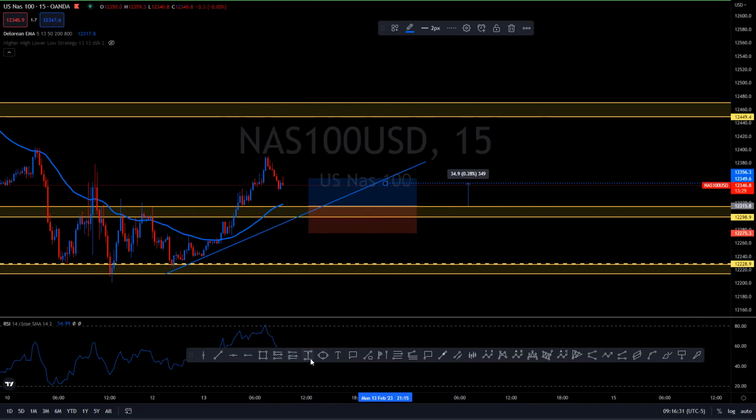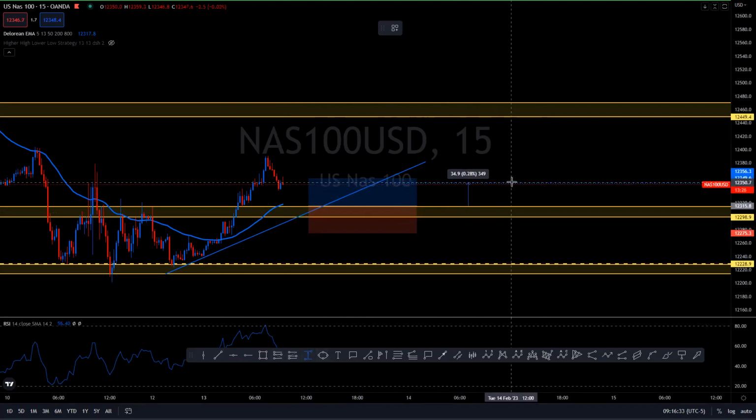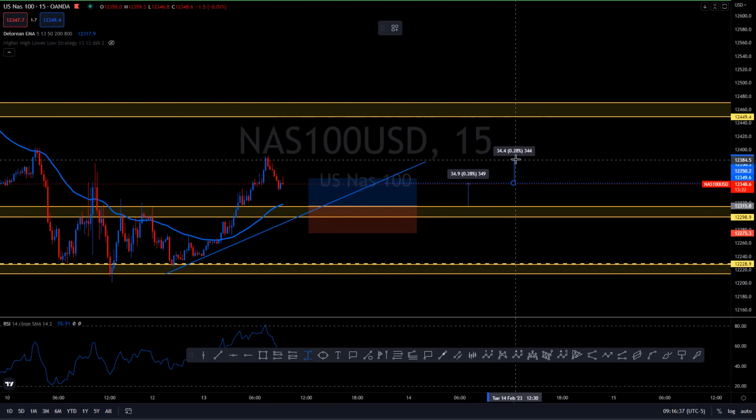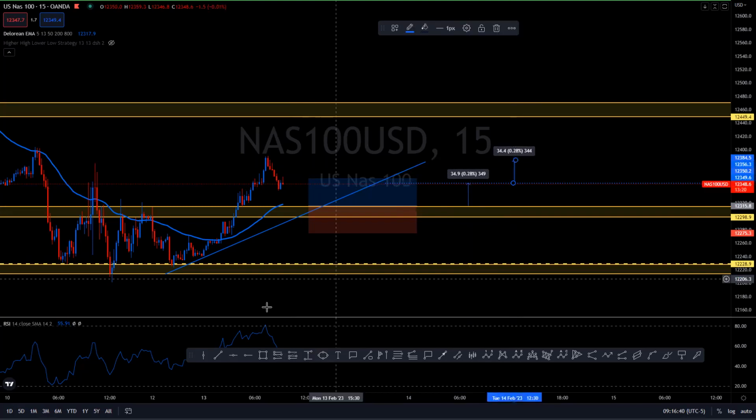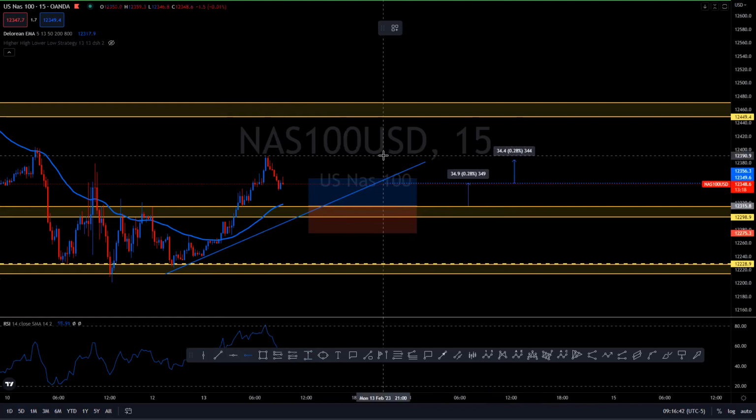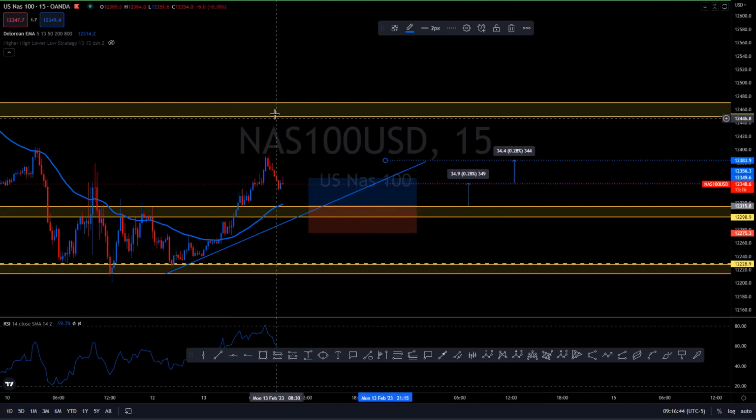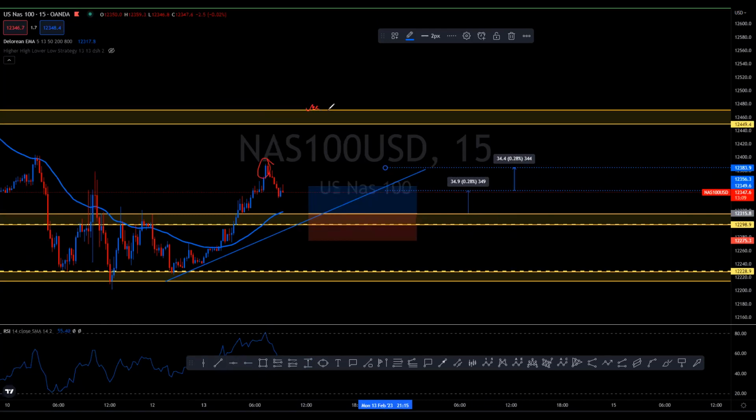Now, if price happens to shoot up from this point, there's at least 344 points to here. Now, the ultimate goal is to get all this liquidity up here. So I'm thinking price is going to wipe out this previous high and then go all the way up to here, hit this supply zone and come down.